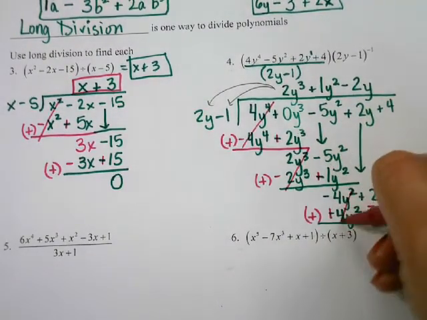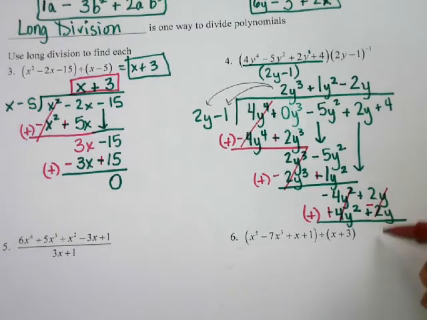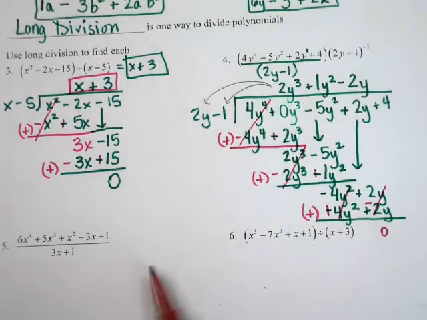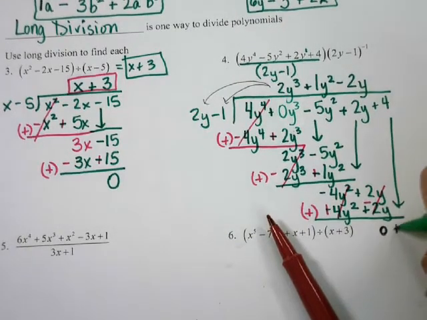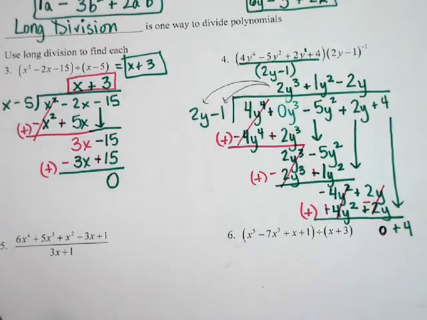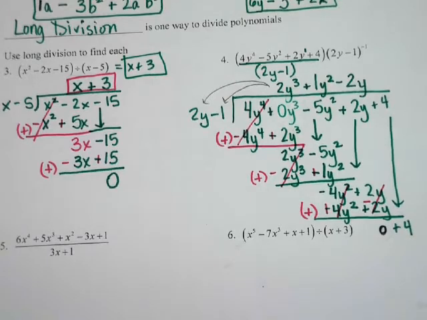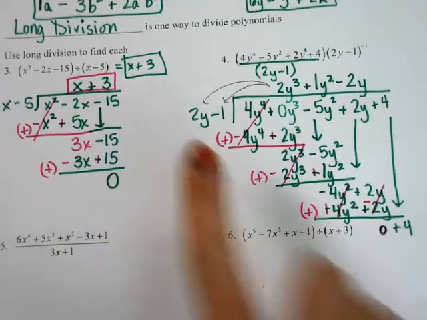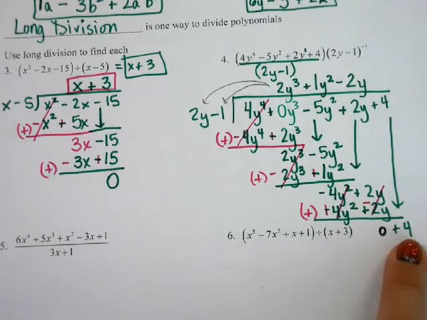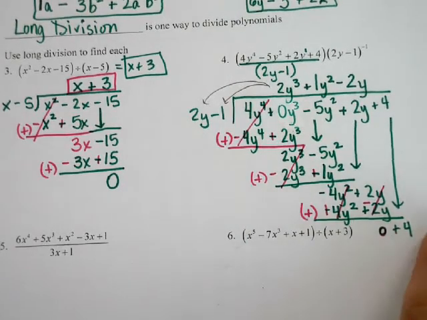Uh-oh, what happened? Everything cancels and I get 0. And I bring the next one down, so I get plus 4. Can I multiply 2y by anything so I just get 4? No, I can't. This guy right here becomes my remainder.